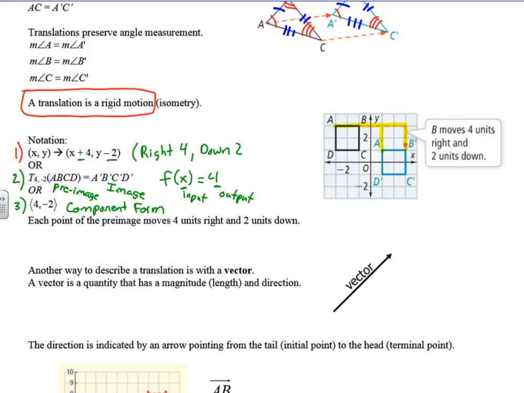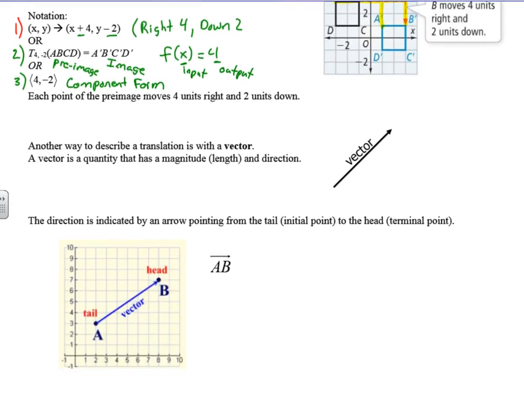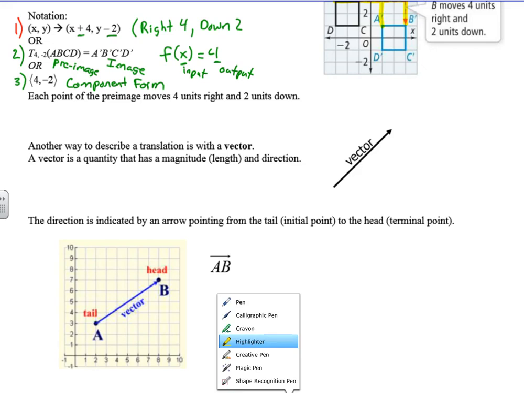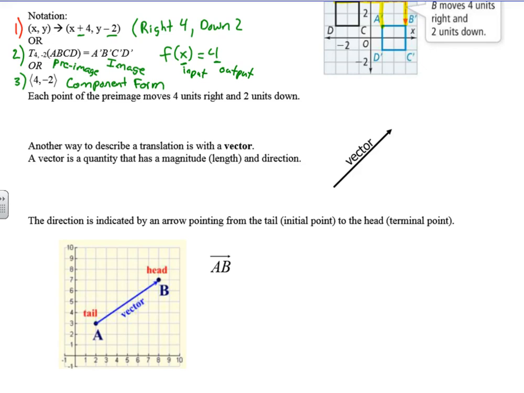Now another way to describe a translation is with a vector. A vector, another vocabulary term that we have here, is a quantity that has a magnitude, a length, and a direction.